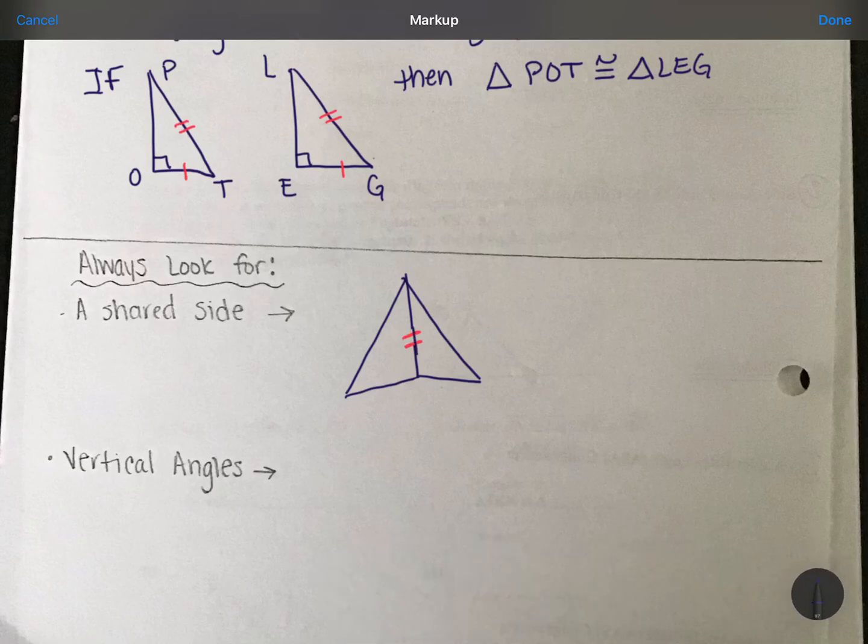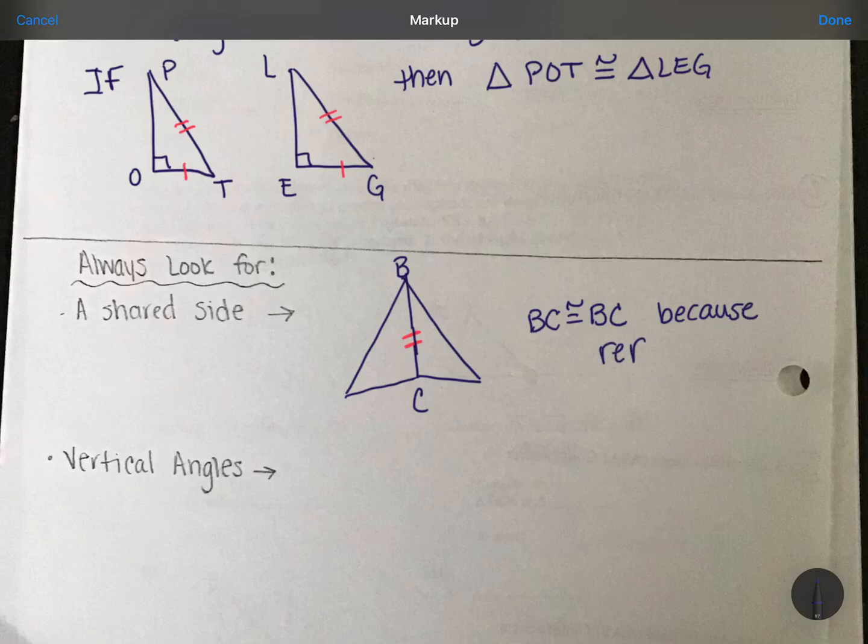So I can say whatever those sides, maybe it's BC, whatever. So that's a shared side, so we're legally allowed to add those congruent markings. So I could say that BC is congruent to itself.